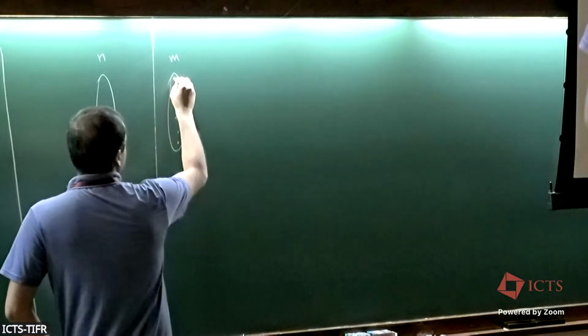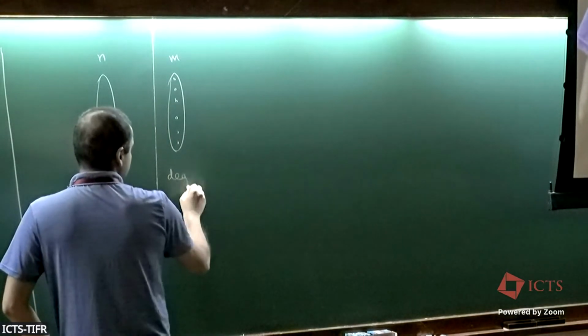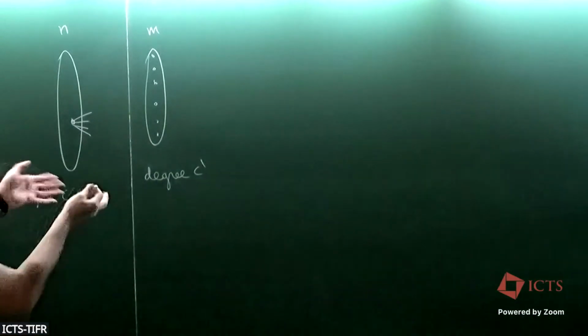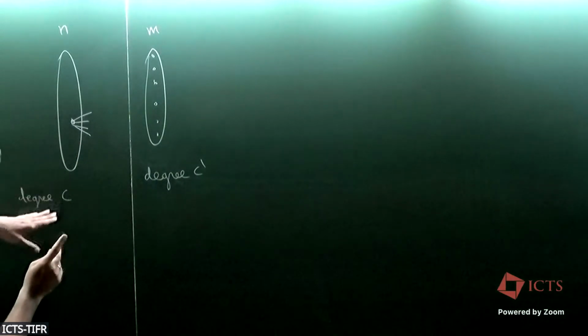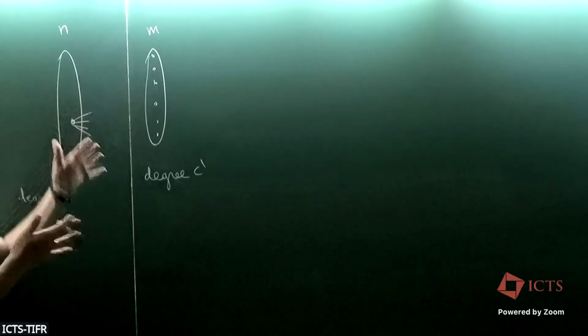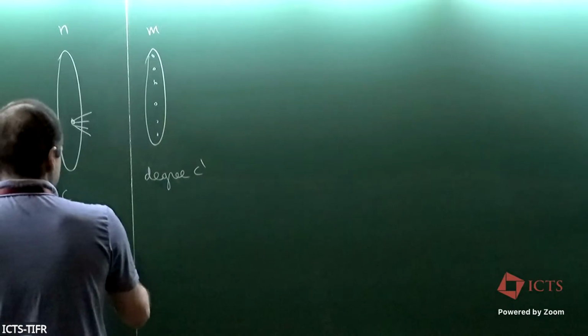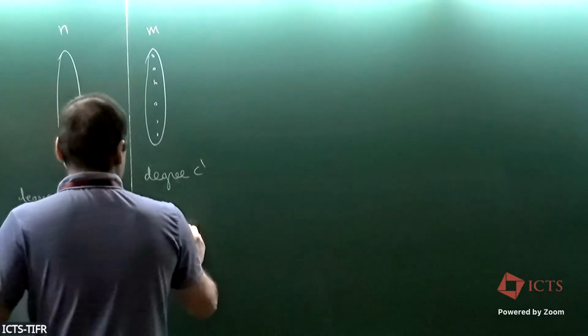All the vertices here are going to have degree c prime. Because of the nature of this, c, c prime, n and m have to satisfy some relation: c times n equals c prime times m.